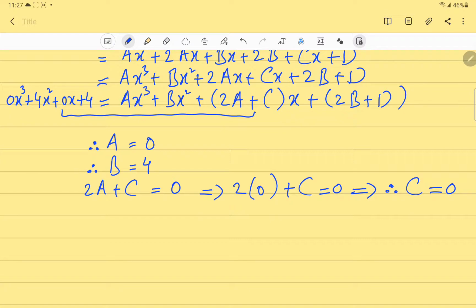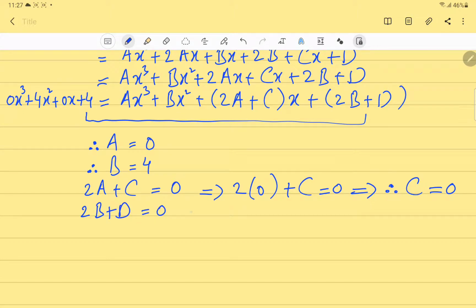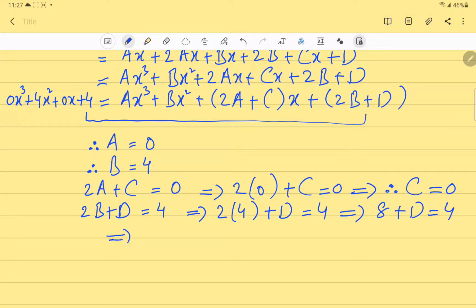And then we compare the coefficients of the terms which are without x. So 2b plus d is equal to 4. Sorry, it is 4. b is 4, so 8 plus d is equal to 4, and d is equal to 4 minus 8, which means d is equal to minus 4.